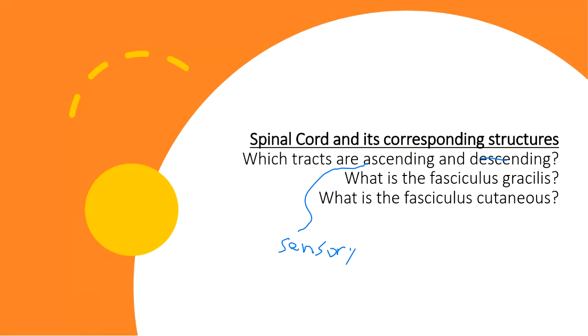Why? Because the brain needs to receive the sensory information. And then the descending tracts, or the descending axons, are the motor ones. This also makes sense because after the brain has processed the sensory information, it needs to send out a response.